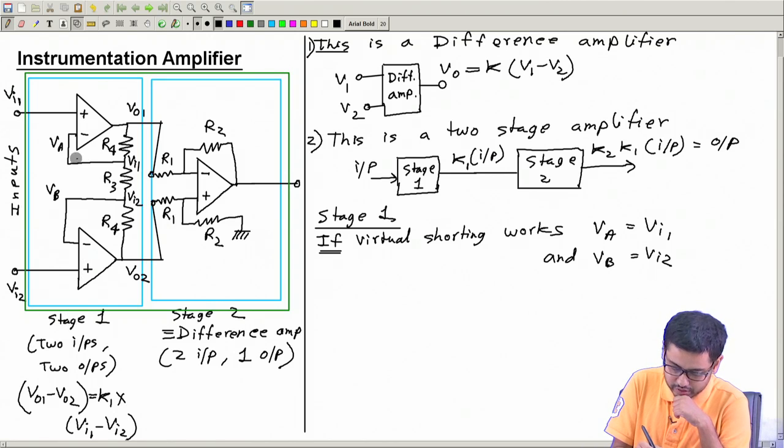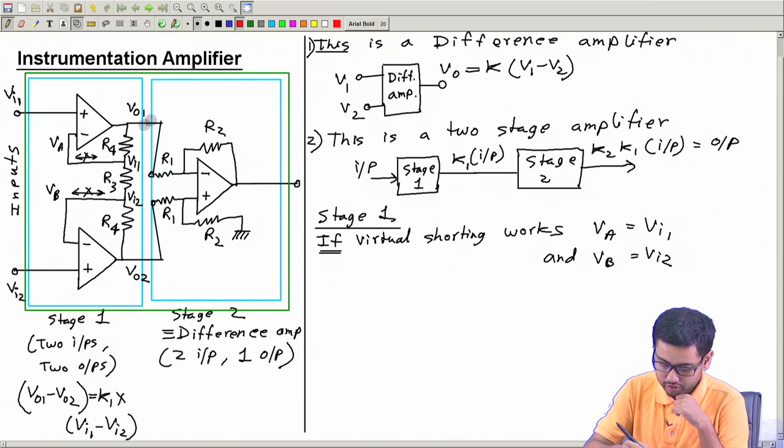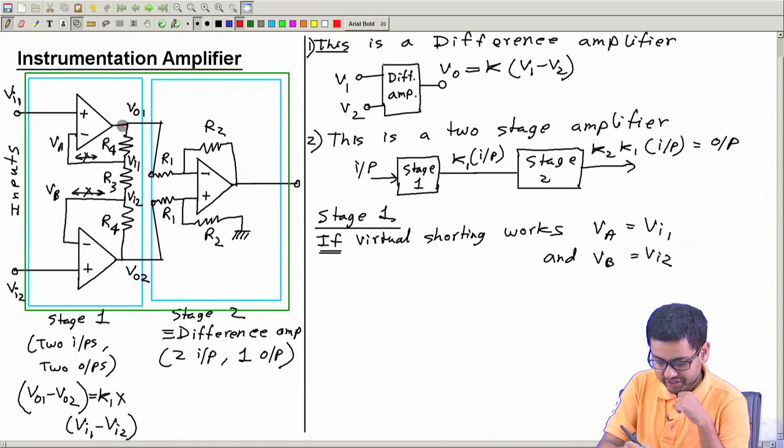Now no current can flow here, right? No current can flow here and no current can flow here. So the current can only flow in this branch like this. If a current starts from here, it will flow continuously like this and will come up to this. No branching is possible here or here.